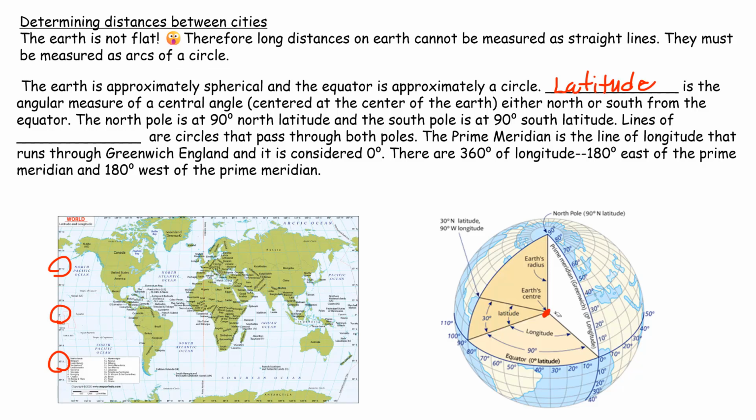With longitude, you start at the prime meridian and rotate on a circle that lies flat, going either west or east a certain number of degrees. With latitude, your circle is standing up and you rotate from the equator up or down. With longitude, your circle is lying horizontal and you rotate either east or west from the prime meridian.